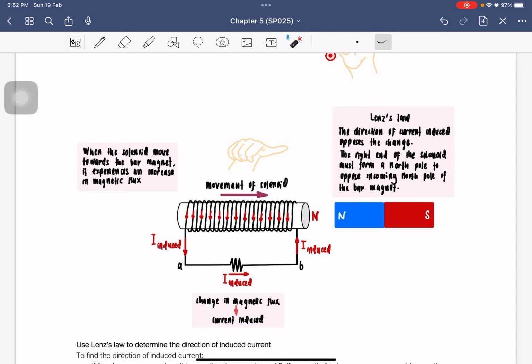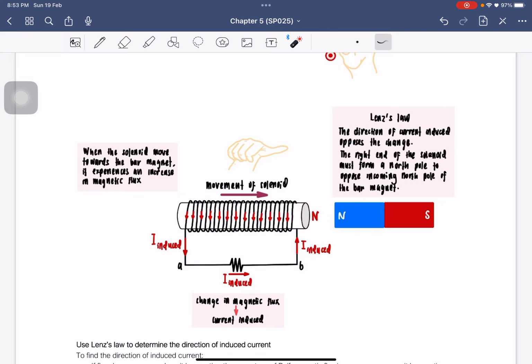So based on Lenz's law, the direction of current induced should oppose the change. So maksudnya the right end of the solenoid ni mesti form a north pole to oppose the incoming north pole of the bar magnet. So dorang tidak mau attractive force here, dorang mau repulsive force. So mesti bila the end of the bar magnet is N, di sini mesti juga N.